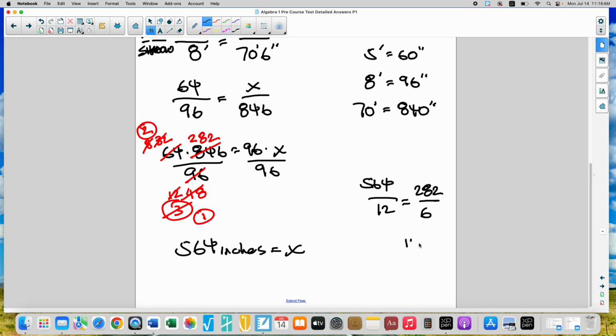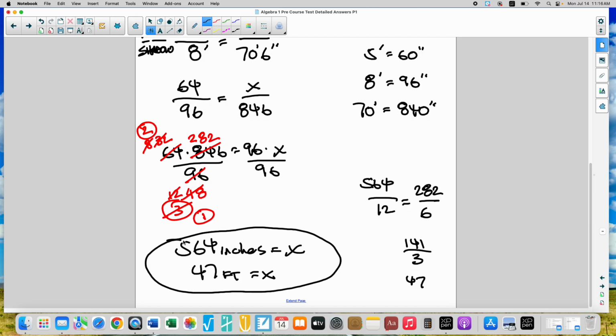Divide that by 2 is 141 by 3. And that's divisible by 3. So that gives me 47. So that's 47 feet is the pole. So either 564 inches or 47 feet. Good.